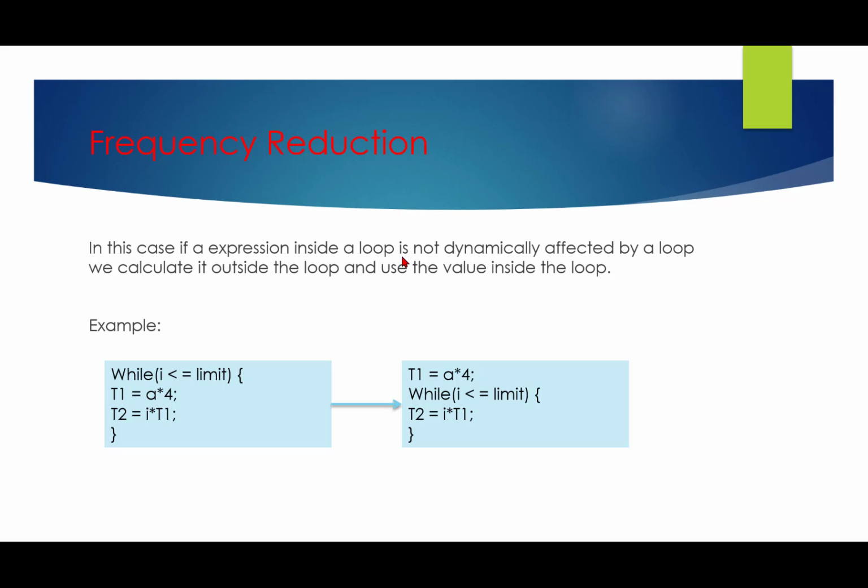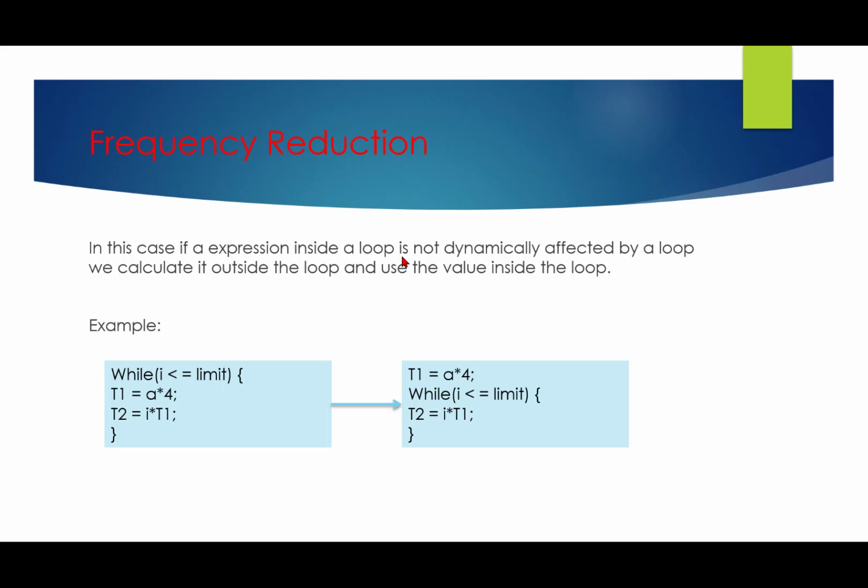Frequency reduction. In this case, if an expression inside a loop is not dynamically affected by the loop, we calculate it outside the loop and use the value inside the loop. For example, while i less than or equal limit, the statement of while is t1 equal a star 4, t2 equal i star t1.